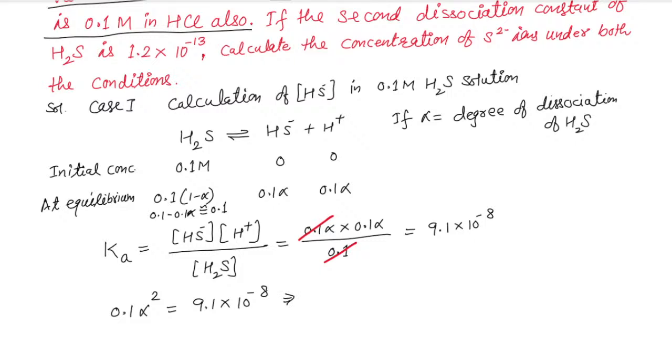That is, alpha square is equal to 9.1 into 10 raised to power minus 8 divided by 0.1. In this way it becomes 91 into 10 raised to power minus 8.